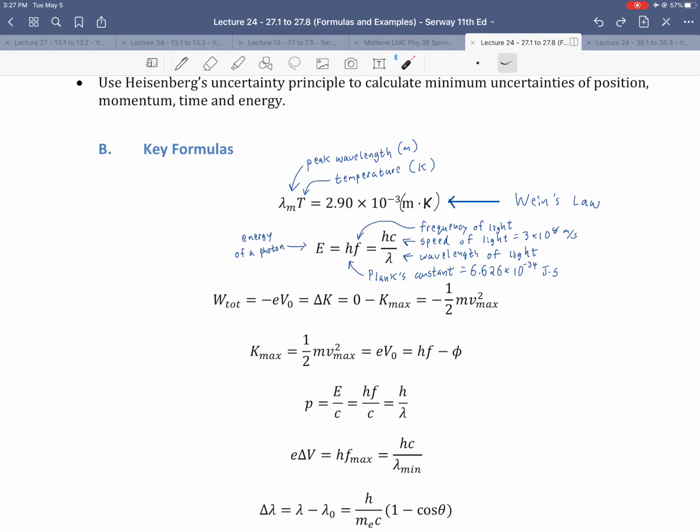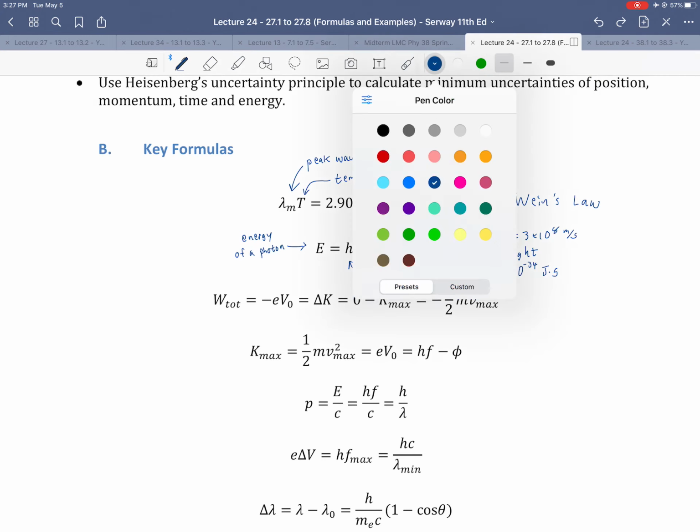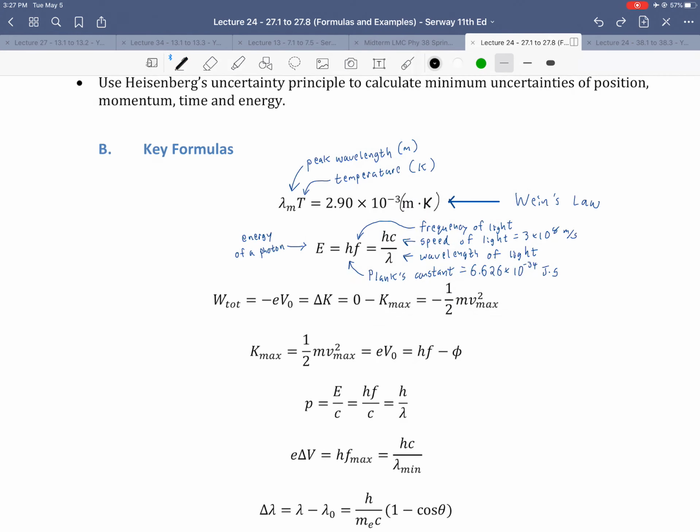Okay, but now let's get to the photoelectric effect proper. All right, so this first line is a bit of a derivation. Collectively, these two lines together are going to be the photoelectric effect. Okay, so let's label that. These two lines represent relating the photoelectric circuit to incident light. That's what these formulas do.